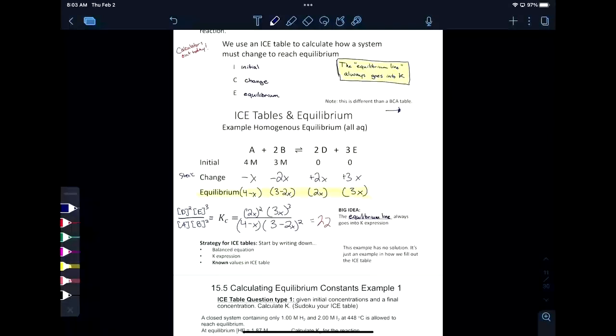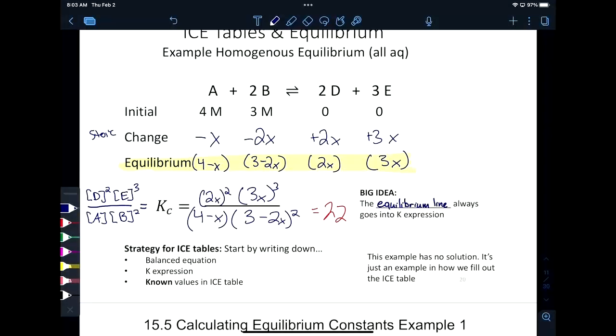So we did an example here. This has no solution to it. I give you a chemical reaction. It's all aqueous. If we start with A and B, our reactants, our reaction only has one direction to go, the forward direction. So we use stoichiometry to describe the change line. I don't know how much it's going to change, so I'm just going to say, okay, if I lose an X amount of A, I also have to lose a 2X amount of B. Again, dictated by stoichiometry.